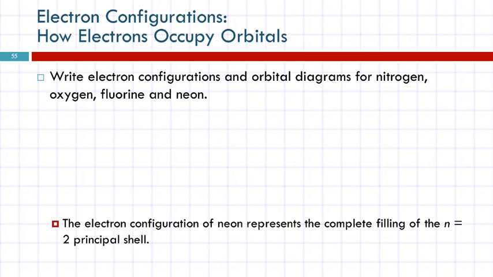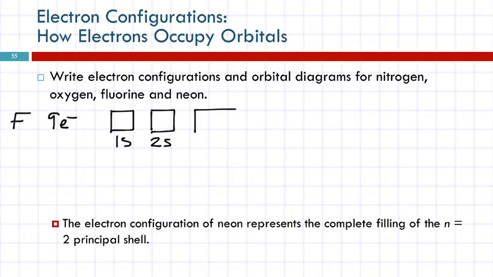So let's do fluorine. So fluorine has how many electrons? 9 electrons. So if we're going to do the orbital diagram, there's going to be the 1s and the 2s and the 2p.